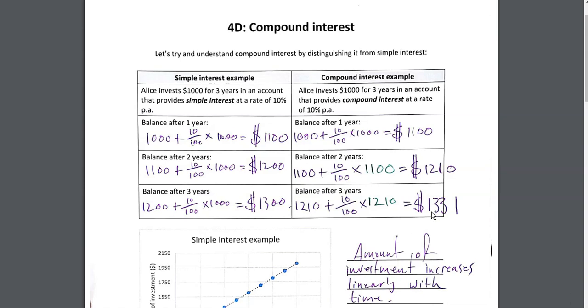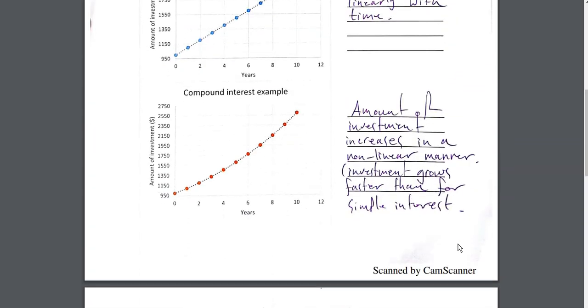But then if I do $1,331 minus $1,210, I get $110. So in the case of compound interest, year after year, the value of your investment grows by a bigger margin because you're making interest on top of interest on top of interest on top of interest.